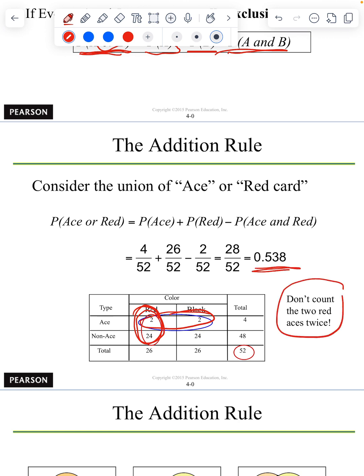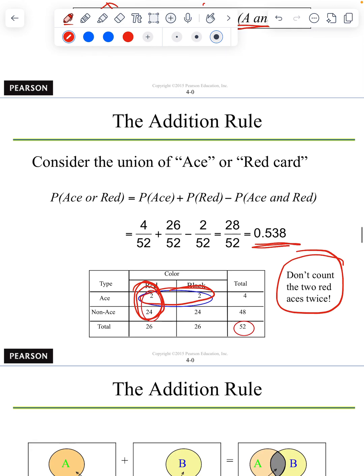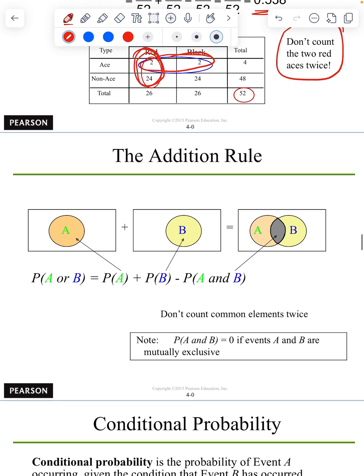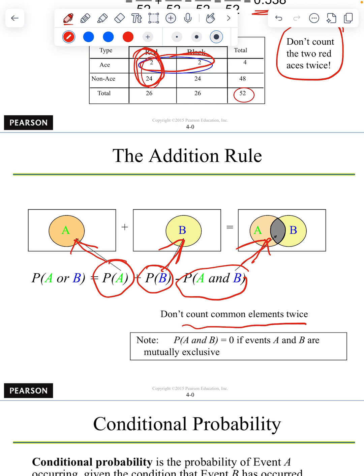Make sure you do not count the 2 red aces twice. So you have the probability of event A occurring, plus the probability of event B occurring, minus the probability of A and B. So don't count the common elements twice.